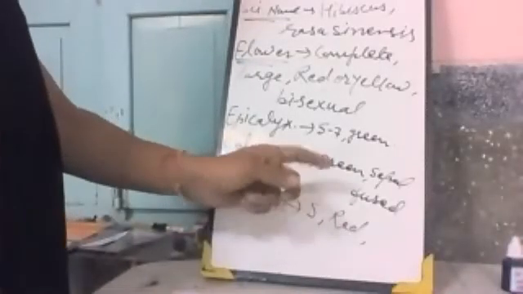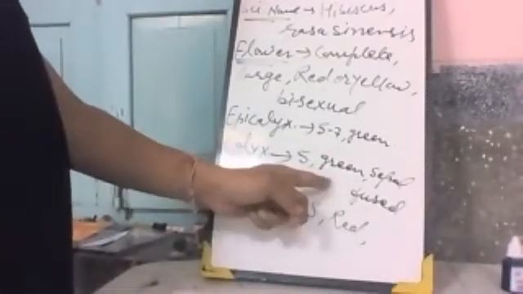Then corolla. Corolla are 5, also red in color, and the red petals are fused at the base. The same thing which happened in the calyx.